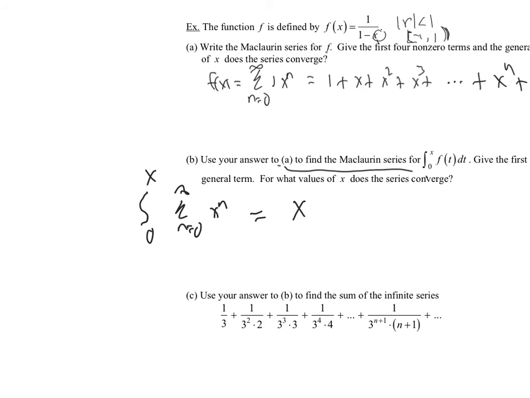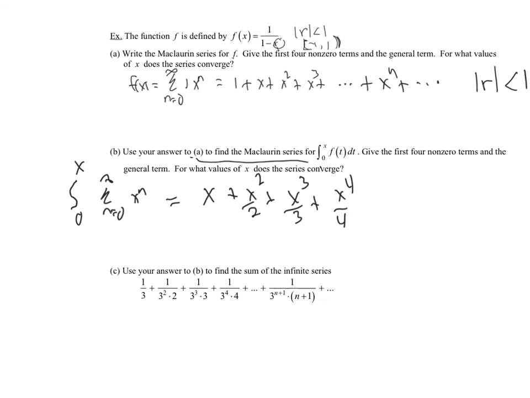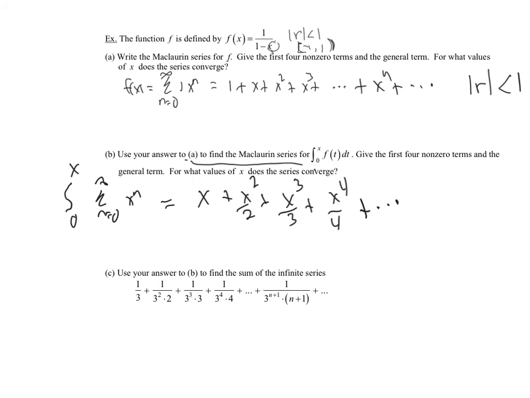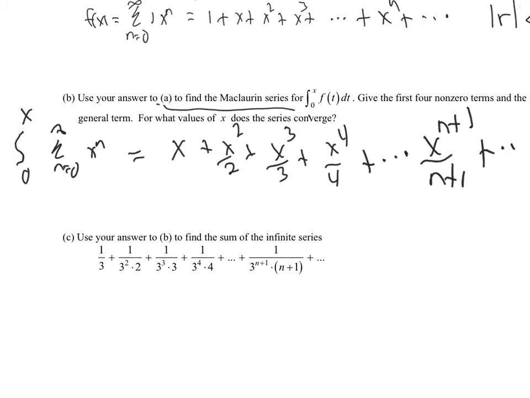If I integrate x, that's x squared over 2. If I integrate x squared, that's x cubed over 3. If I integrate x to the 3, it's x to the 4 over 4. And then those are 4 non-zero terms. If I integrate x to the n, that's x to the n plus 1 divided by n plus 1, and so forth. Where does this converge?